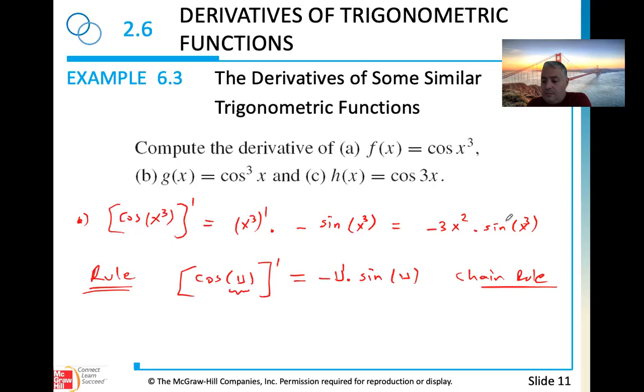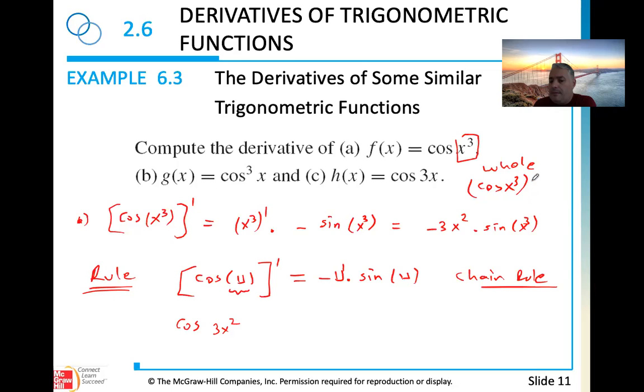Yeah, why didn't we make it cosine of 3x squared? Okay, first of all, you are getting the derivative of only this part, but cosine of x cubed is a whole thing.